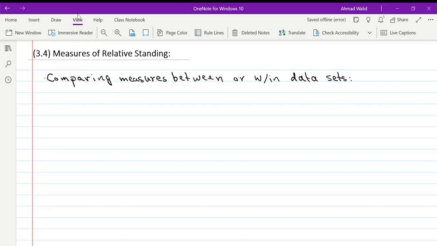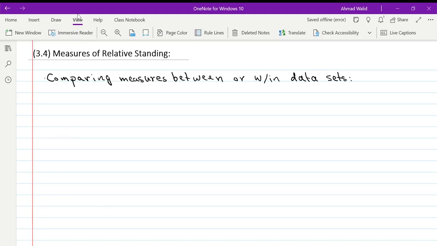If you remember in my previous lecture at the last part of 3.3, we tried to compare two different data sets, and the only way was to first find the coefficient of variation, then compare them.